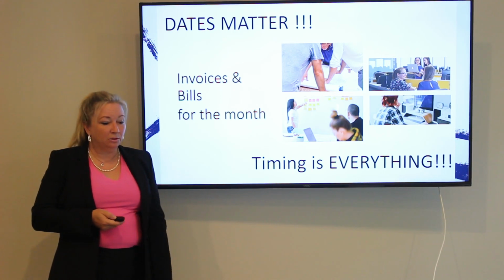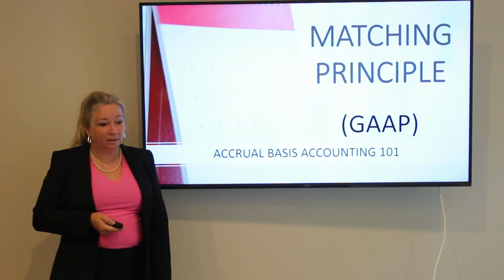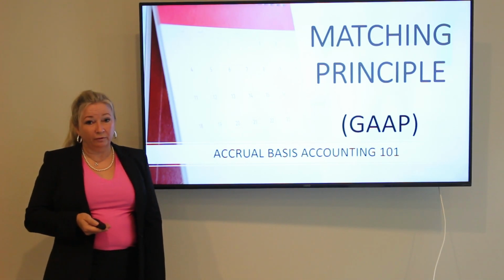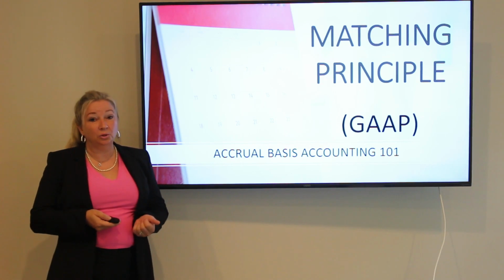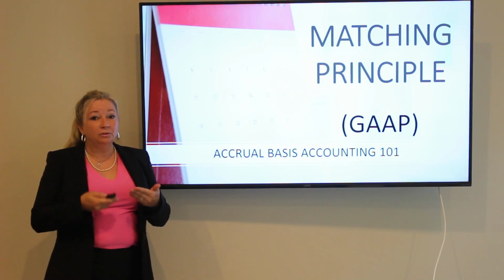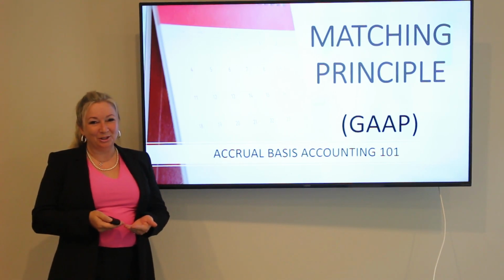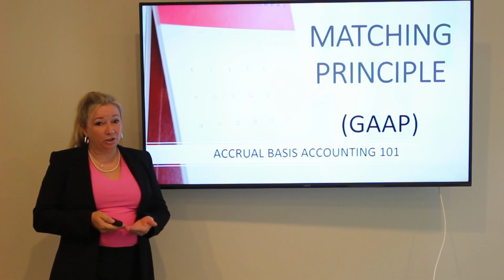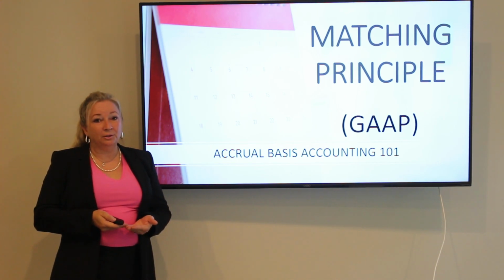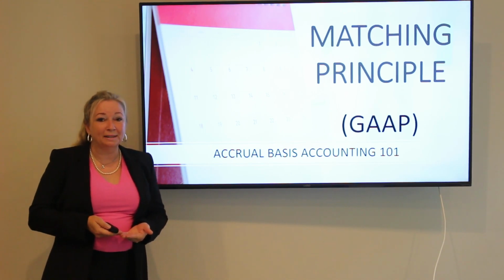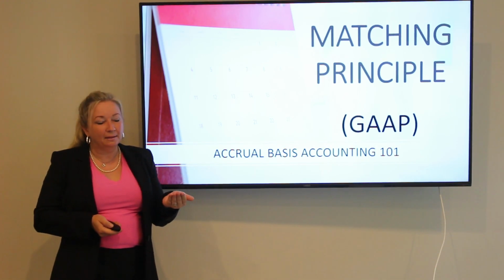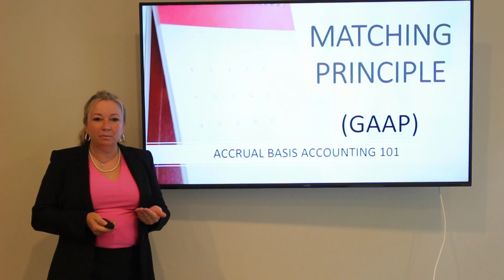So going back to closed periods and the matching principle, if you are the person in charge of posting activity to your software and you know your company performed a job, but you know you haven't received all the bills for that job, you can't close the period. You have to sometimes call someone and say, hey, we did a job, or we bought some plants, or whatever the case may be.